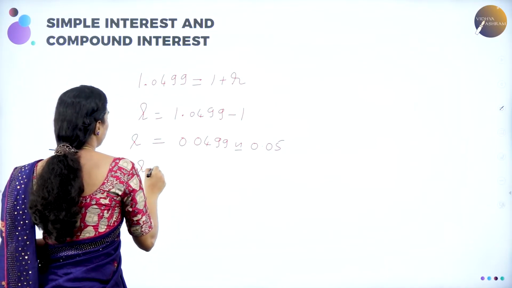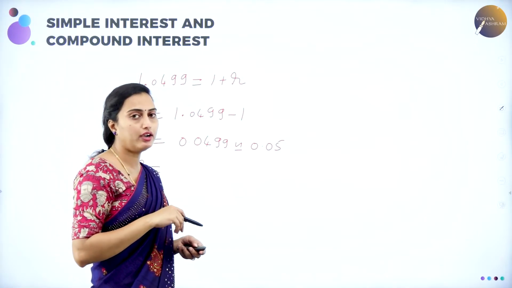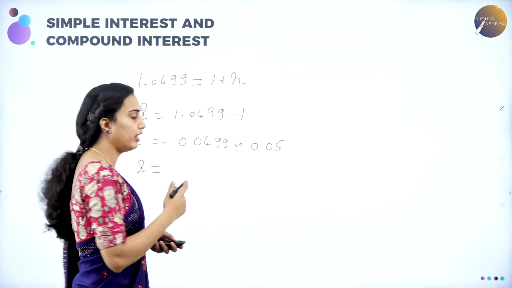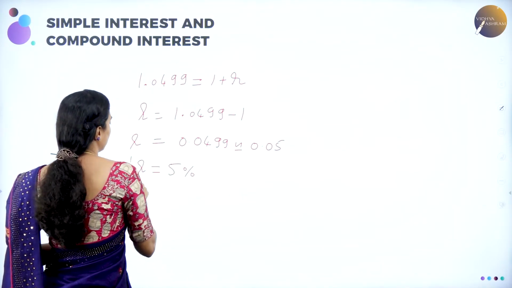Now R, I want it in percentage, so I can multiply by 100 with the calculator, or you can write directly 0.05 into 100 is 5%.